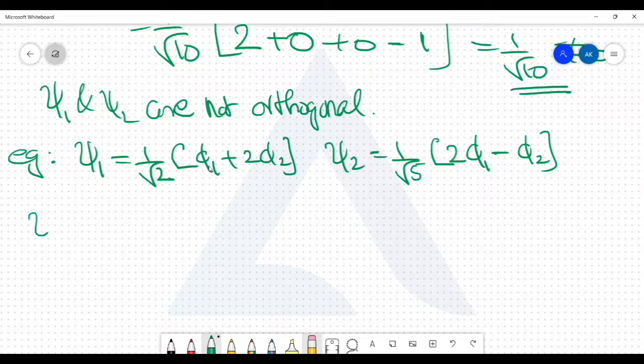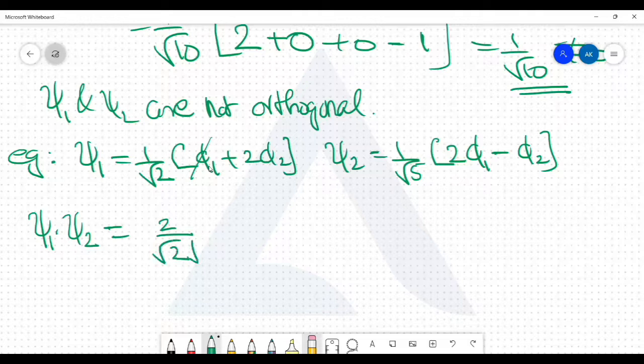That is psi 1 dot psi 2. If you take, that will give you the coefficients of phi 1 with the phi 1 is, of course, 2 by root 2 root 5 plus phi 2 with the phi 2. Because you know phi 1 with the phi 2 does not exist. Therefore, only you are taking phi 2 with the phi 2. That is 2 into 2 by root 5.